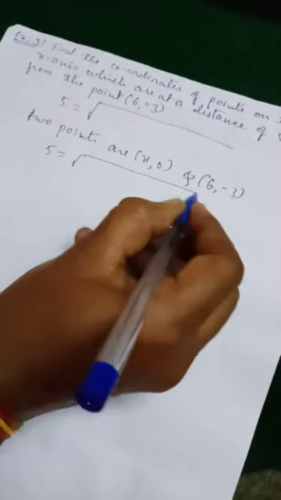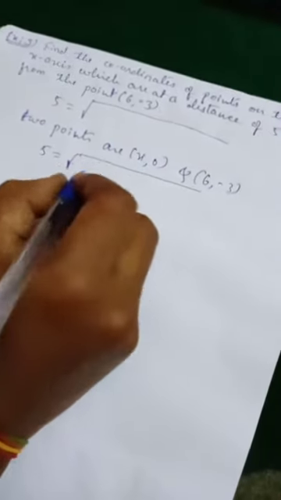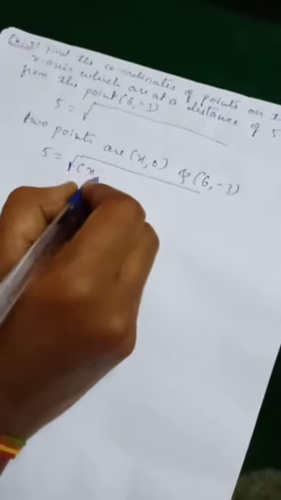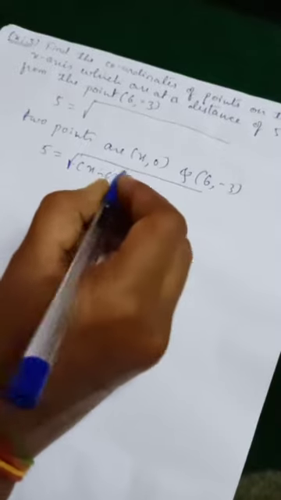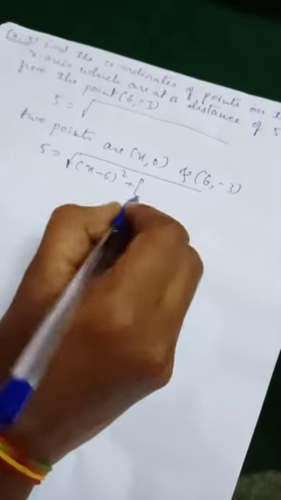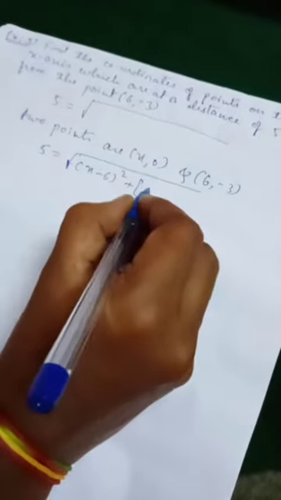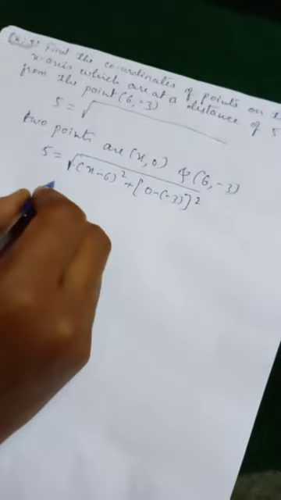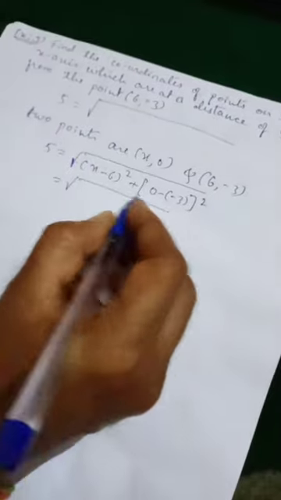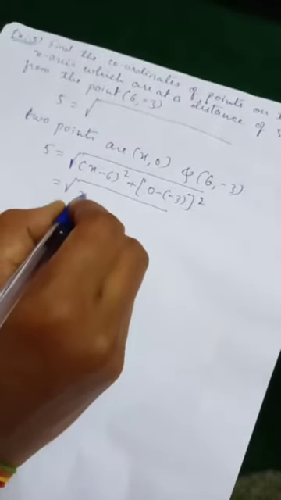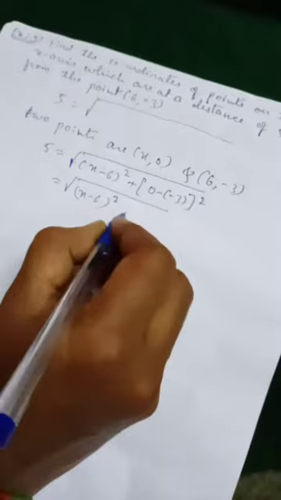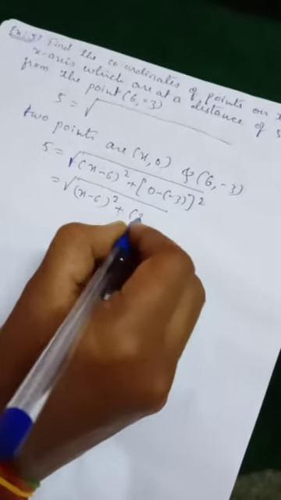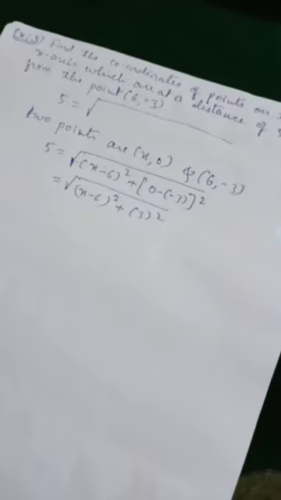So write square root of (x minus 6) whole square plus (0 minus of minus 3) whole square, which is nothing but (x minus 6) whole square plus, minus into minus is plus, 3 whole square.